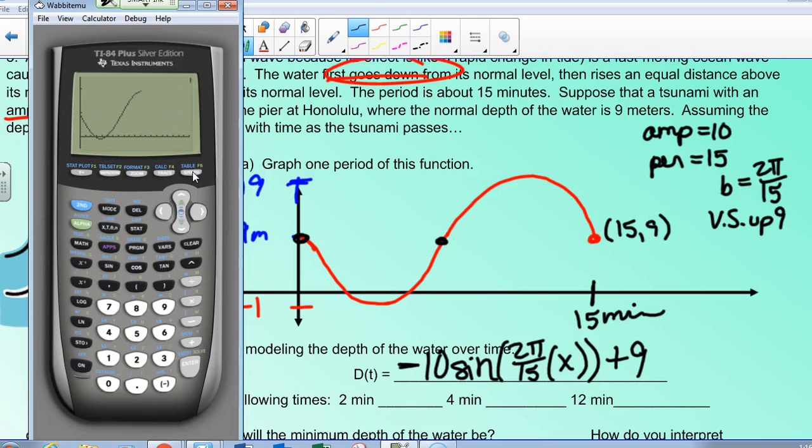Oh look, it went down first. That's good news, right? So if I just do a trace 15, make sure I'm at 15, 0.9, seems about right. I could do 7.5 just to see. There's the middle. Or I could find the max if I wanted to calculate that it went up high enough.